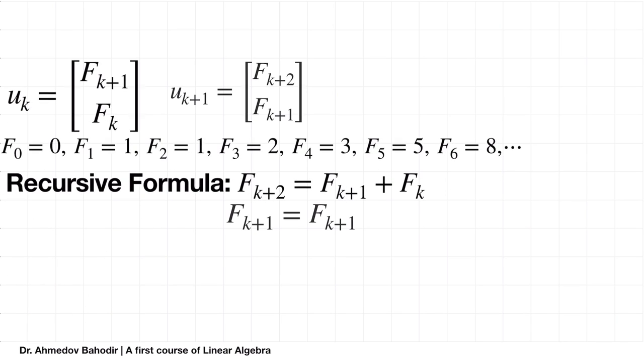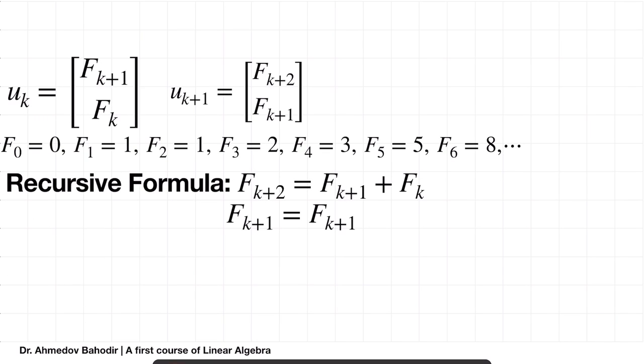So let's write down the recursive formula here. The recursive formula is looking like this. At the same time, I can simply add one more equation artificially. So this is essentially fk plus 1 is equal to fk plus 1. And I just added it in order to create a system. So I've got a system of equations, and I can write this down as the equality of two vectors.